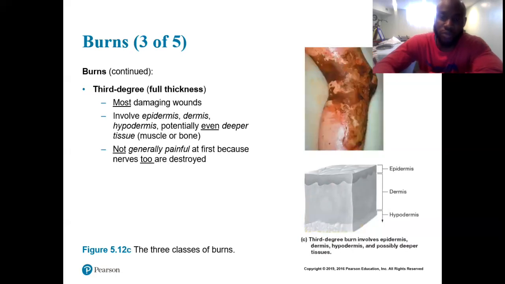And then third degree burn, I know this looks pretty disgusting, is a full thickness burn. You've burned through your epidermis, your dermis, all the way down to your hypodermis, your subcutaneous fat, or deeper. If you get down to the muscle or the bone, that's not good.